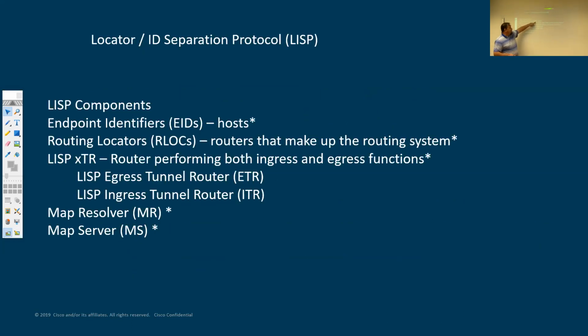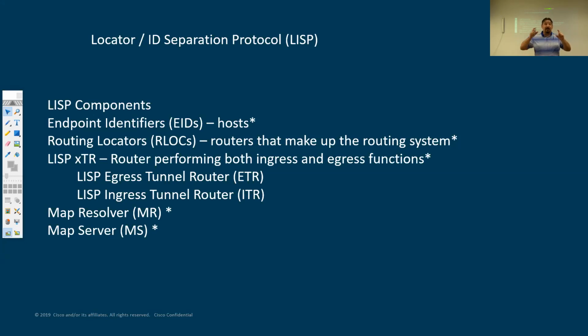We mentioned that we have the endpoint ID, which is the host IP address, and the router locator, which is the routers that those endpoints are connected to. LISP uses this concept of a tunnel router. There's both an ingress tunnel router and an egress tunnel router, and it depends on how the data flows. As traffic comes in from a device that is not LISP compatible, a non-LISP site, the first router it hits in the LISP environment is known as our ingress tunnel router.